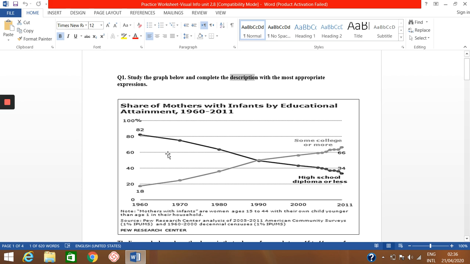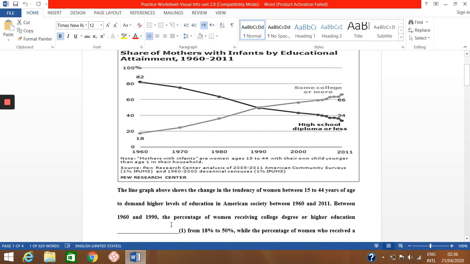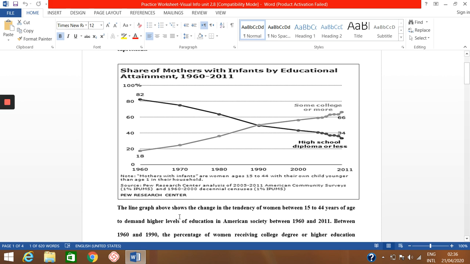So the question is made up of two parts. Studying the graph means we need to concentrate on the information in the graph itself. Then after that, we have to complete the description given here. And of course, doing this task is based on what we have learned in the previous part. This is the practice stage, which we're going to do together in order to apply what we have learned earlier.